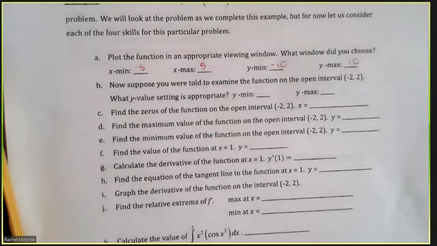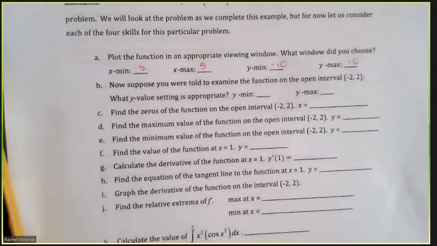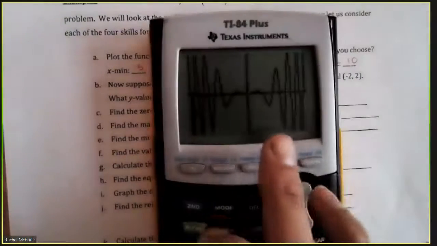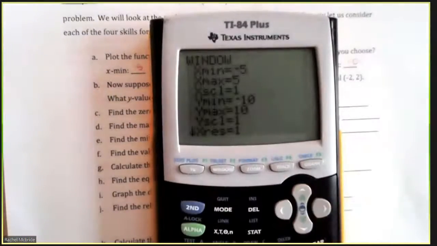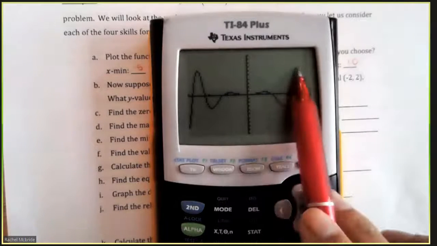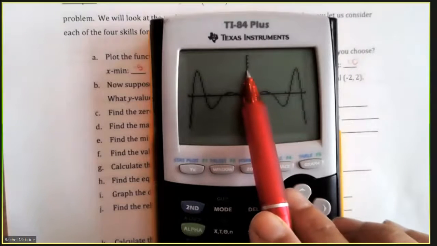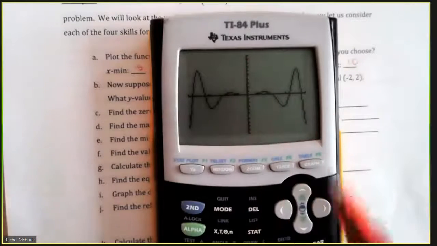Now suppose you were told to examine the function on the open interval -2 to 2. If I'm doing the -2 to 2 interval, I'm going to shrink my x's down to -3 to 3. I always like to leave stuff on the ends. It looks like my highest y value is at about 1, 2, 3, 4, 5, 6, 7, maybe 8.